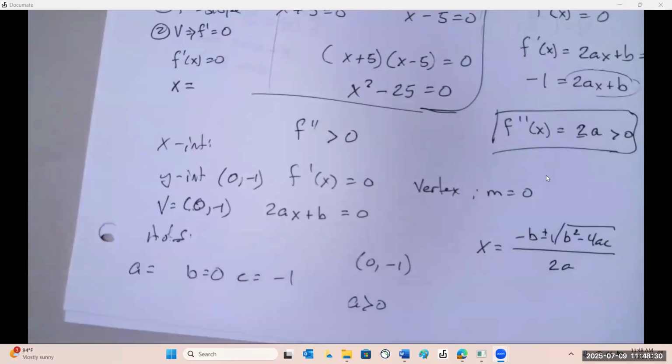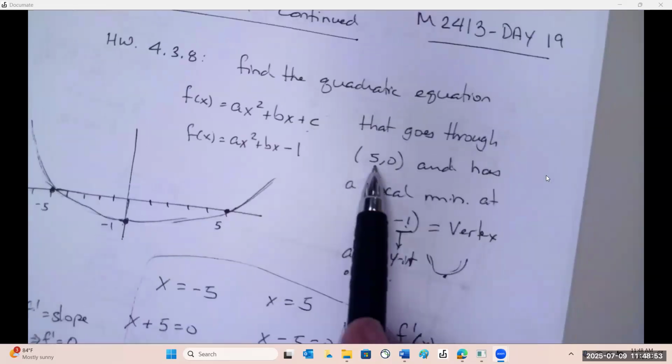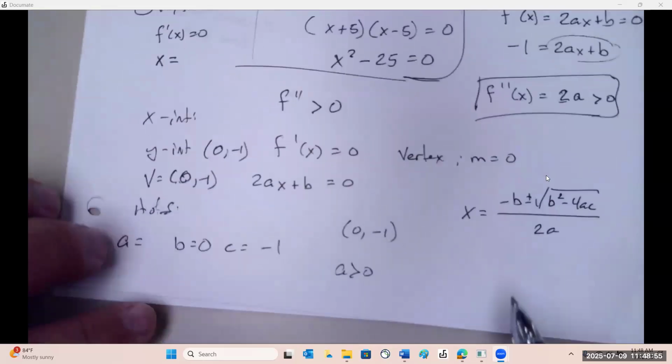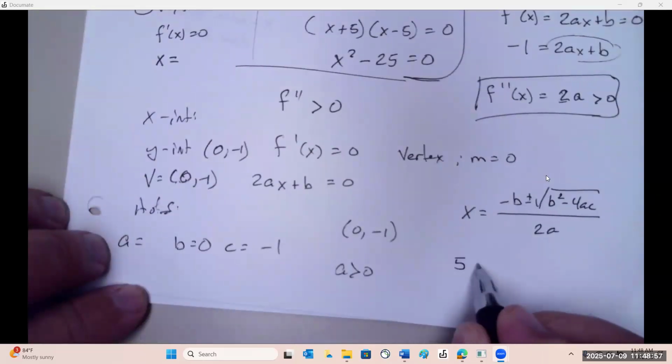What does this formula find for you? The x-intercepts, the roots, the solutions. We know b is 0, c is -1. What is the x-intercept? Well, we know for sure it's 5. So we know that's 5.